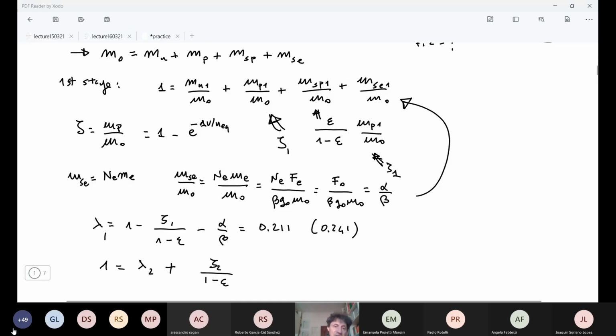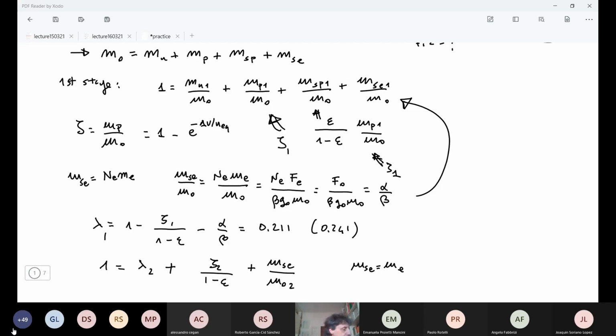So this includes the propellant of the second stage and the inert mass of the second stage, which is proportional to propellant. And then we have now MSE over M02. So here MSE is now equal to the mass of a single engine, because you have just one.